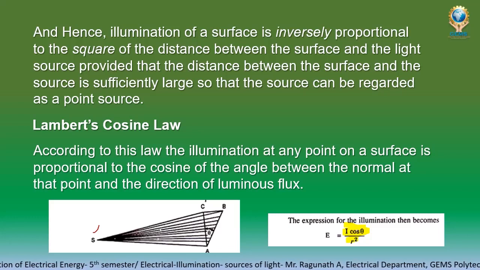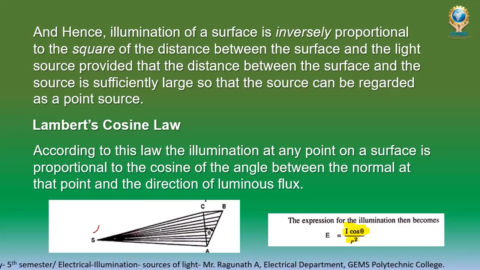Down it is r square, that is distance square, and then this is cos theta. In the second law the cos theta is directly proportional. Directly proportional means it will be in the numerator. Inversely proportional terms will be in the denominator. So these are the things in the two laws.